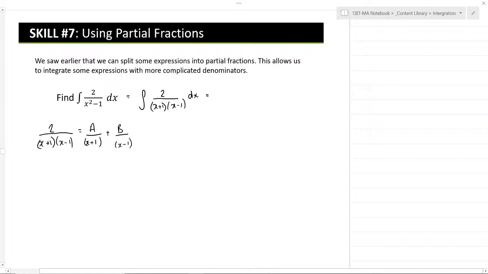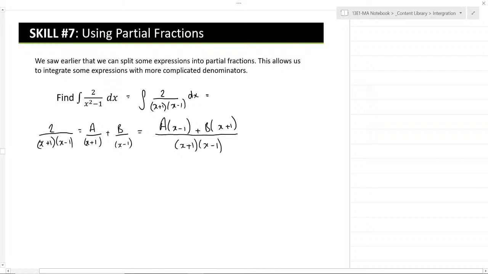We're then going to make the denominator the same on that a and b side. So it equals a times (x minus 1) plus b times (x plus 1), all over (x plus 1)(x minus 1).